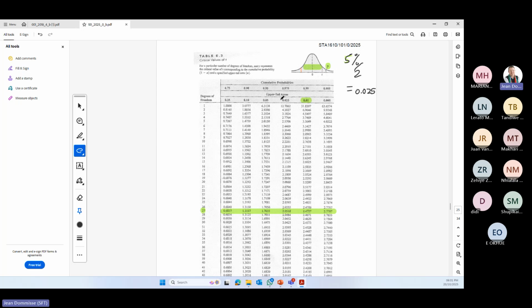We can check here at 0.025. The answer should then be plus and minus 2.052.